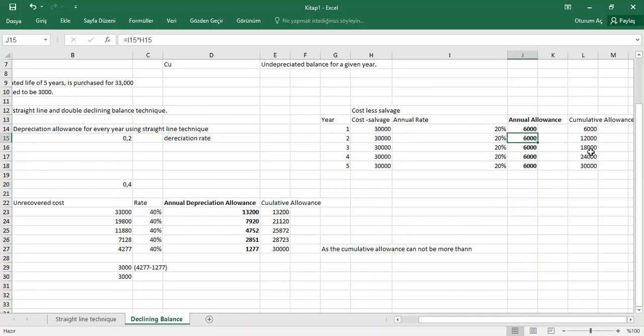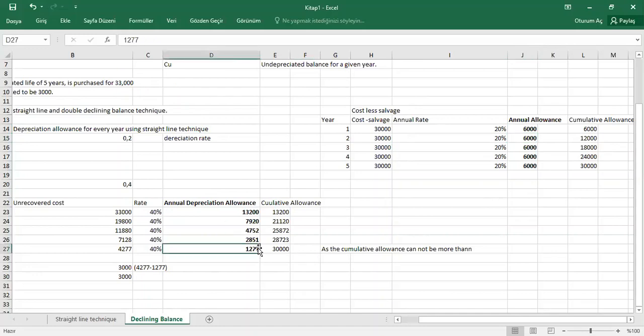We have considered our salvage and everything. In the double declining balance technique, at first we don't consider our salvage. We first consider our initial cost, book value, okay? Since we start like that, in the end, our cumulative allowance might be different from our total, which should be 30,000.